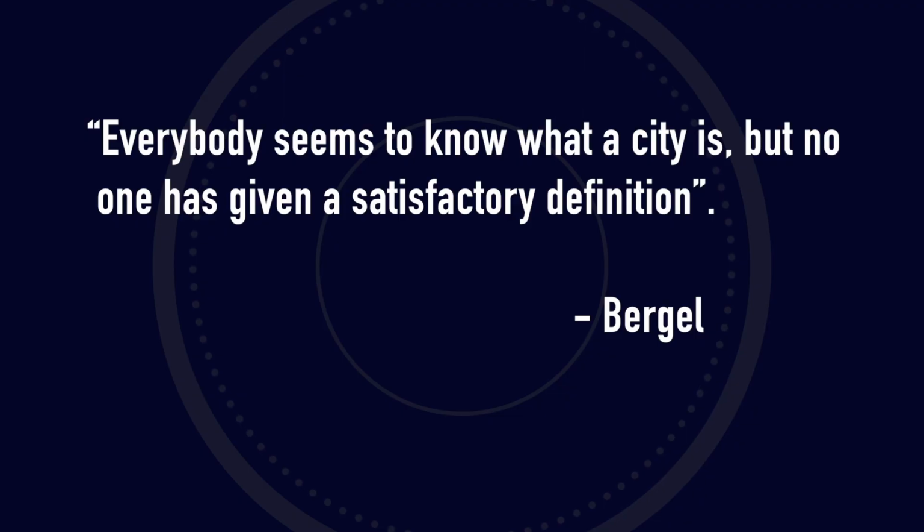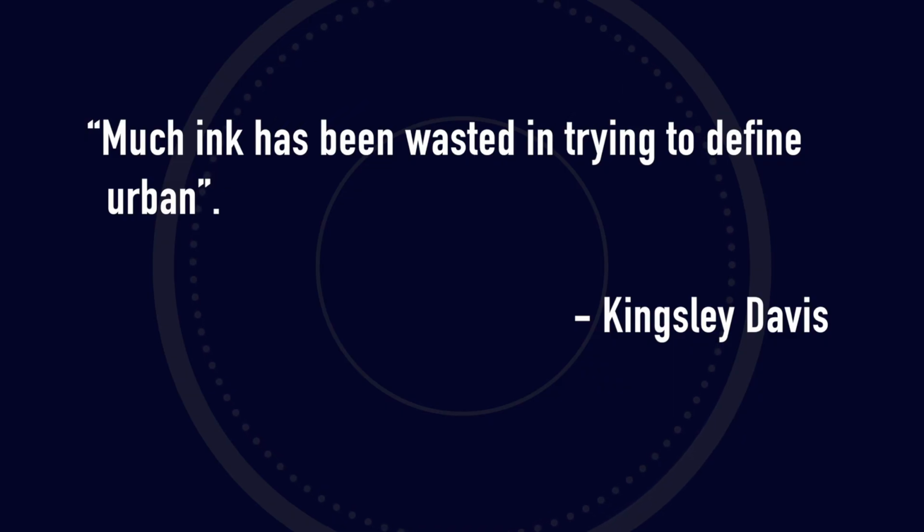Though some sociologists have tried to define the concept of urban, no one has given a satisfactory definition so far. As one writer puts it, everybody seems to know what a city is, but no one has given a satisfactory definition. Similarly, Kingsley Davis writes, much ink has been wasted in trying to define urban.